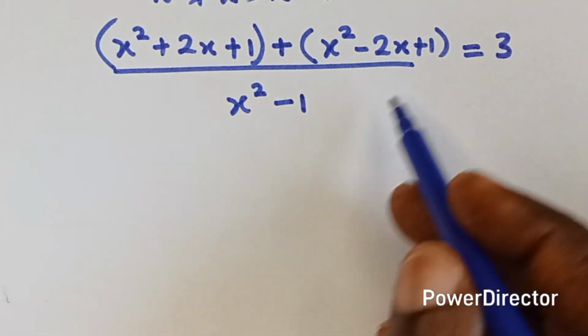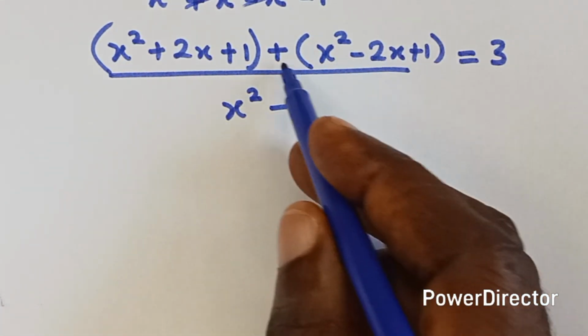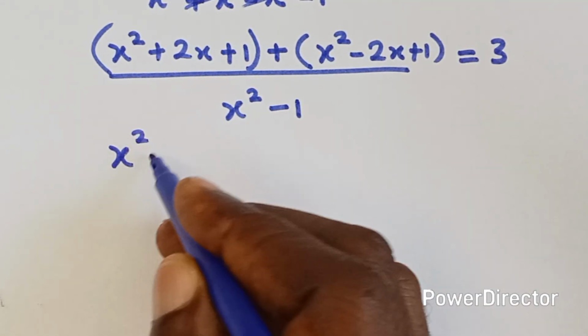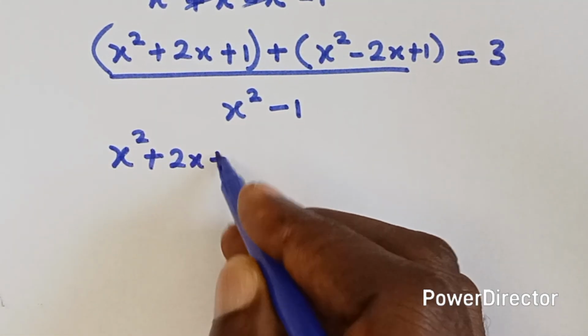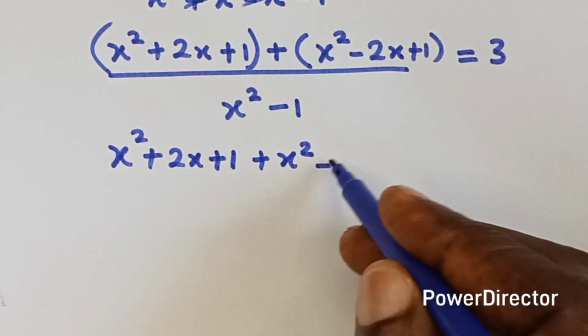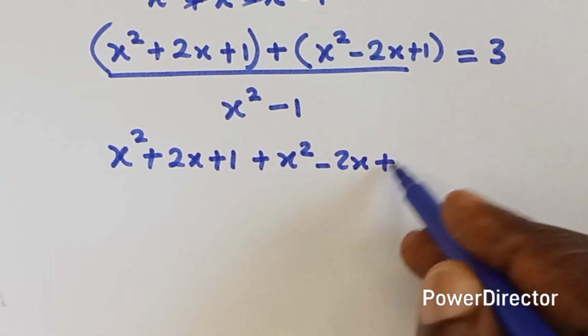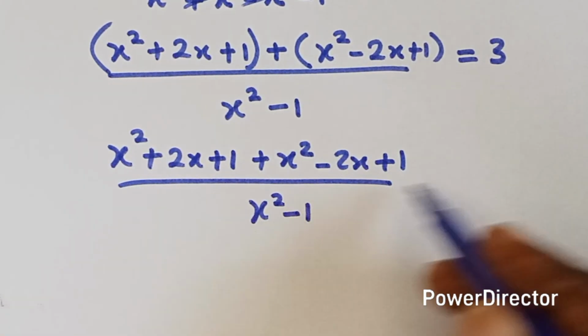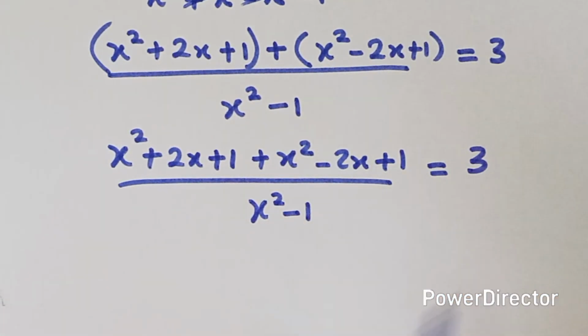Okay, so we can open this bracket since we have positive signs. So we have x squared plus 2x plus 1 plus x squared minus 2x plus 1, over x squared minus 1 equals 3.